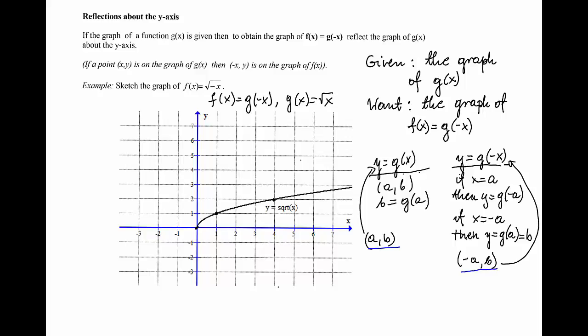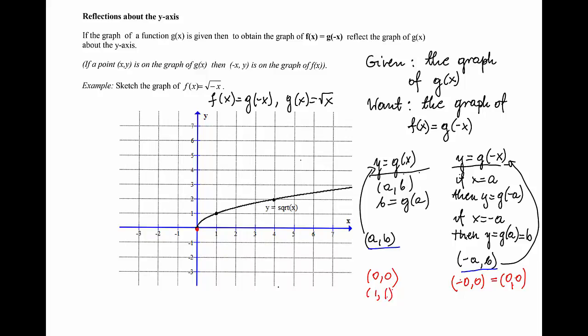Well, the y coordinate stays unchanged, so if this was the point (0, 0) on the original graph, the point on the graph of g of negative x will be (negative 0, 0), which is still (0, 0). Because the y-axis is the axis of symmetry, points on the y-axis will not change their position. So point (0, 0) stays where it was.